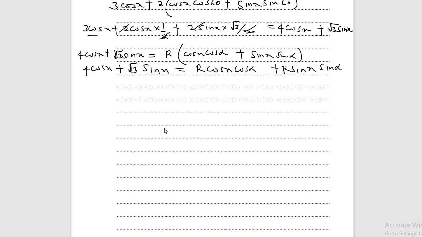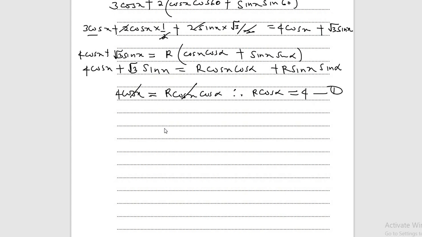Now, we are going to equate the coefficients. 4 cos x can be the same as r cos x cos alpha, because they have the same coefficient of cos x. So hence, r cos alpha is equal to 4.